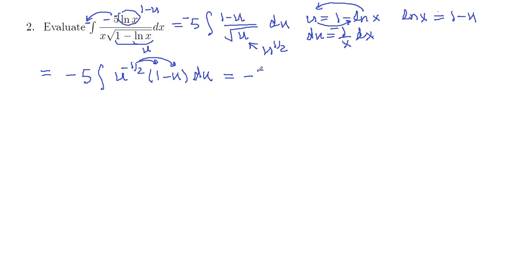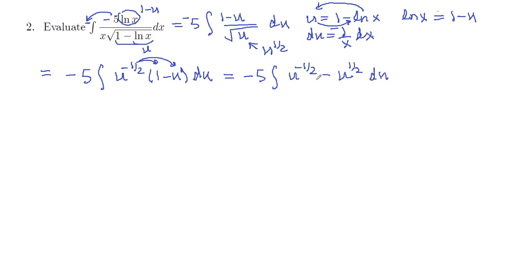So I got negative 5 out in front, integral u to the negative 1/2 times 1, u to the negative 1/2, minus u to the negative 1/2 times u will be u to the positive 1/2, right? You add exponents, negative 1/2 plus 1, and du.